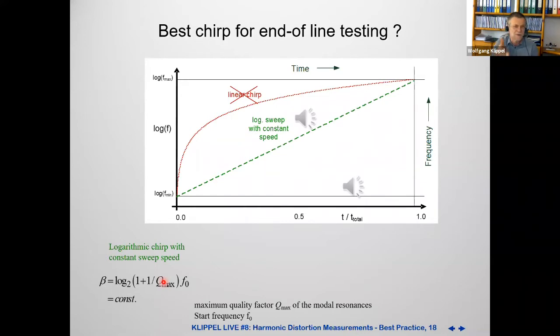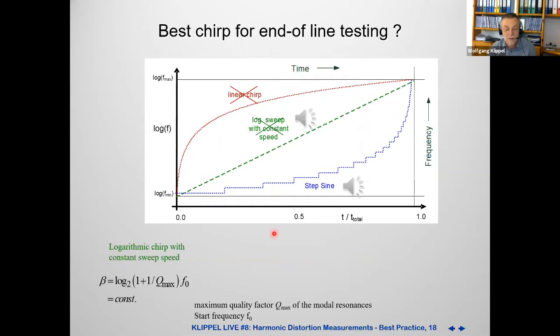The Q factor at the fundamental is usually below 1 or about 1, and maybe on headphones the mechanical Q goes up to 3, 5, 7 or something like that. So it's reasonable. And here is the starting frequency. But if you have some modal vibrations, some rocking modes, then they are very tricky because the Q factor might be 40. So you need a much slower sweep speed.